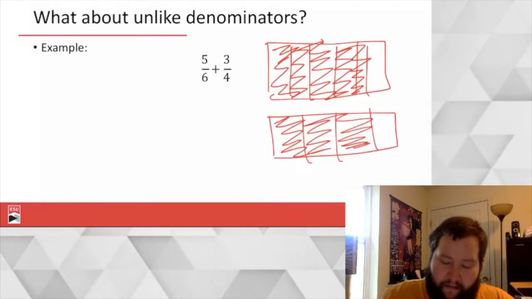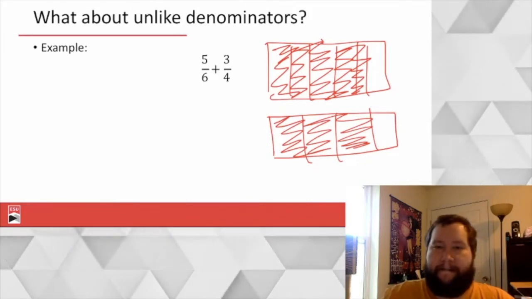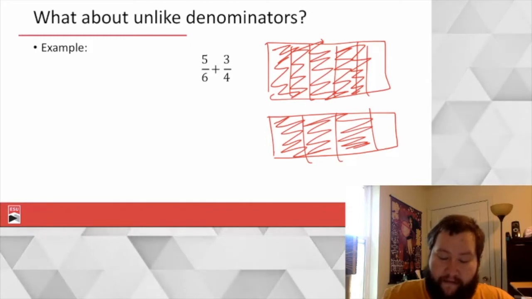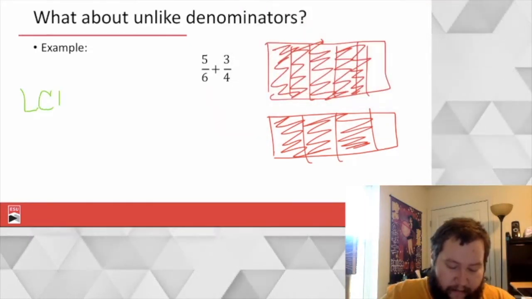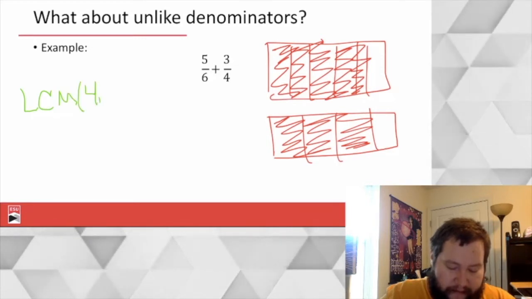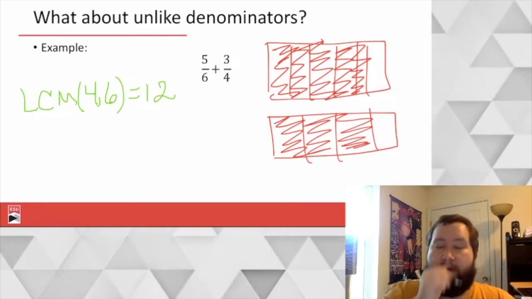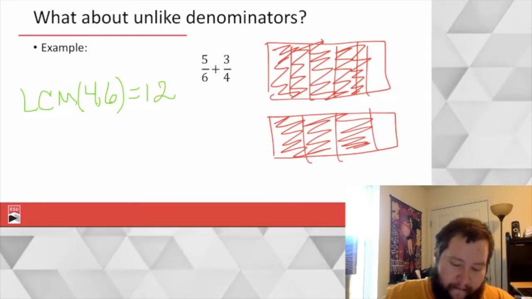So what is the smallest number, or let's use our terminology from last week, what is the least common multiple of 4 and 6? It's 12. 2 6s are 12, and 3 4s are 12.